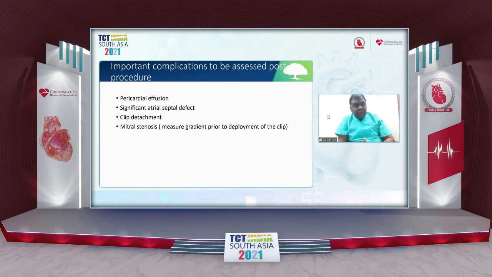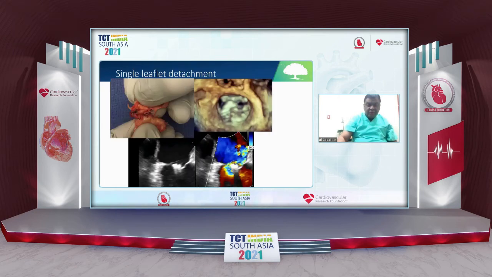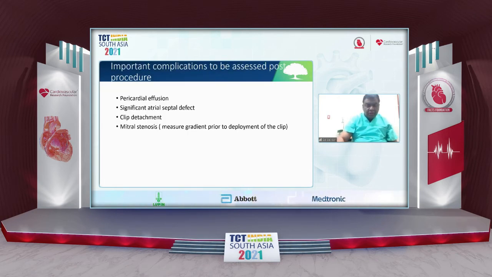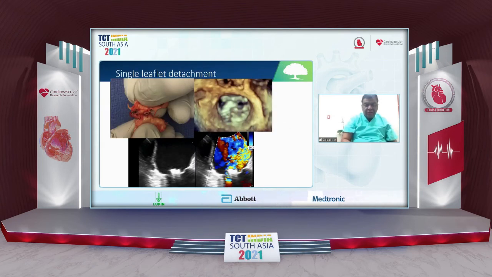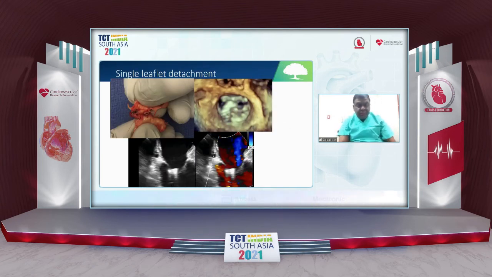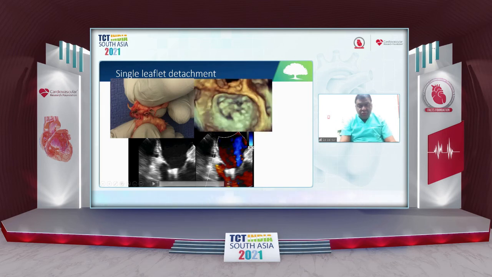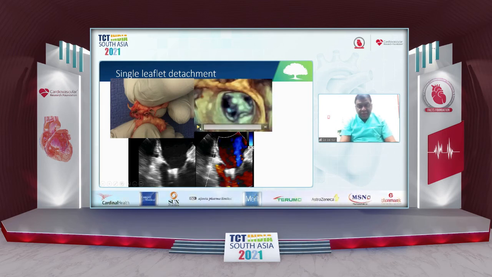Okay. Number 2 is an ASD. This can happen during a case. First I'll talk about clip detachment. Here's an example to show you that there's a leaflet detachment. And some people miss this, but as you can see over here in this picture that I showed you, one of the clips has clearly come off.